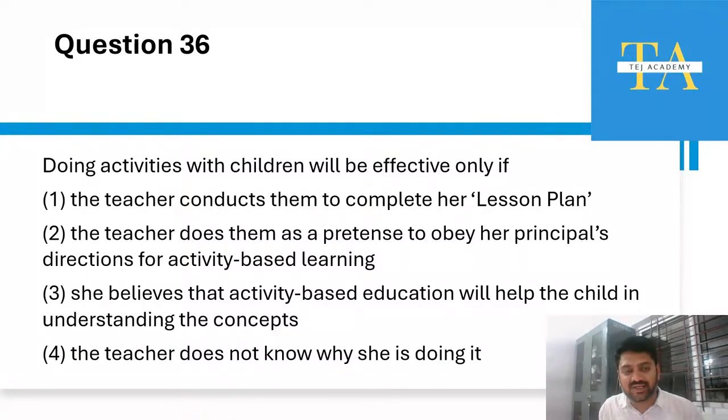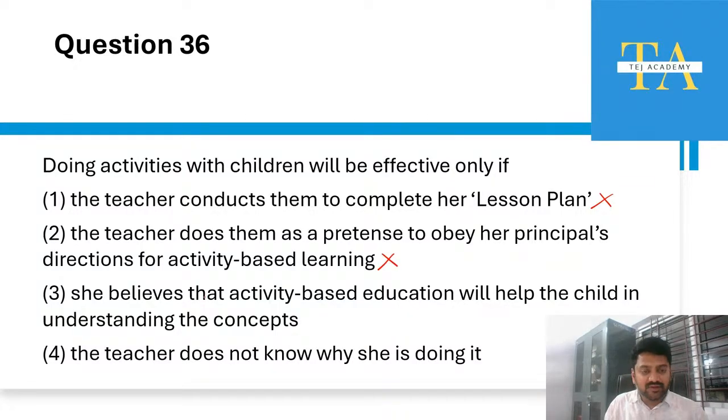Let's move to question number 36. Doing activities with children will be effective only if the teacher conducts them to complete her lesson plan. No. The teacher does them as she pretends to obey her principal's directions for activity-based learning.